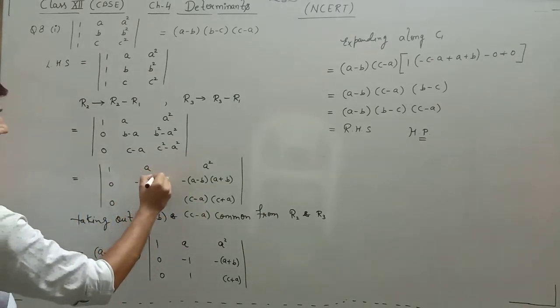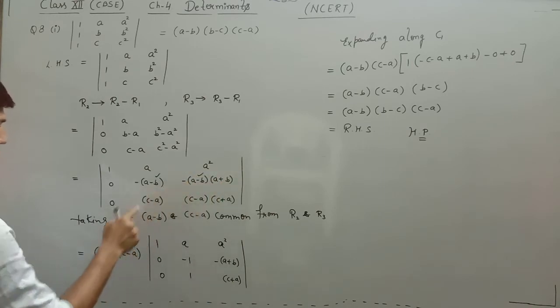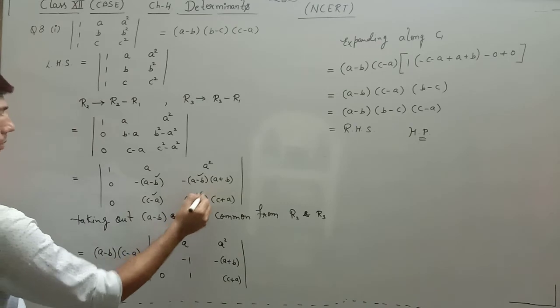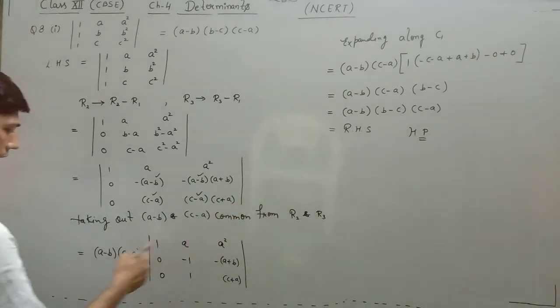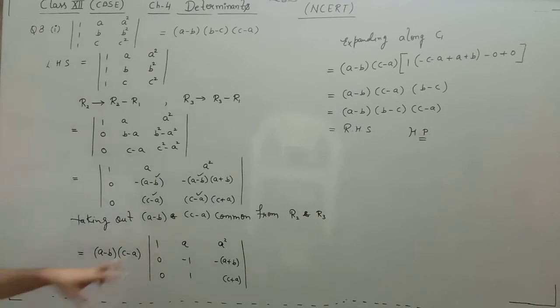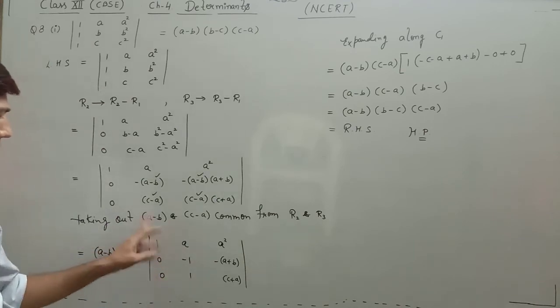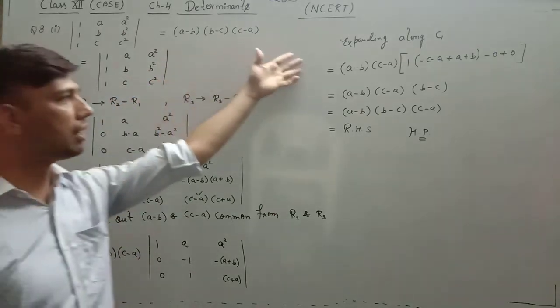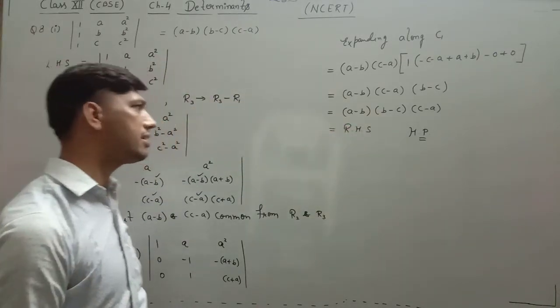Now see, a minus b is common in R2, and c minus a is common in R3, so taking them out, we will get this one. Now there are two zeros in column number 1, so expanding along column number 1 we will get this answer: a minus b, b minus c, c minus a.